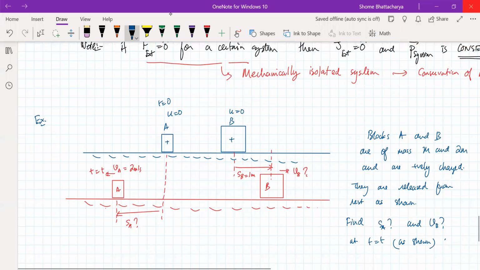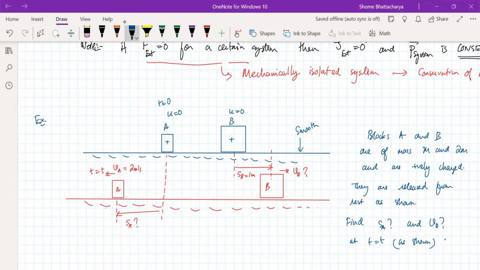What we'll have to understand here is that if you treat A plus B like a system, because they are on a frictionless horizontal surface, their weights are balanced by normal reaction and there is no friction. So the net external force on the system A plus B is 0. There are repulsive electrostatic forces that A and B are applying on each other, but that is a mutual force, an internal force, an action reaction pair which cancels.